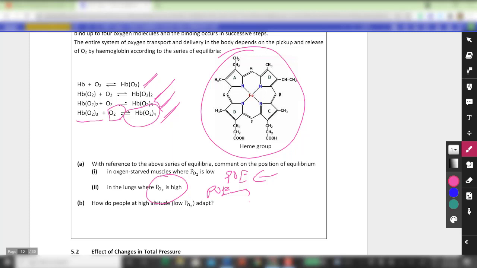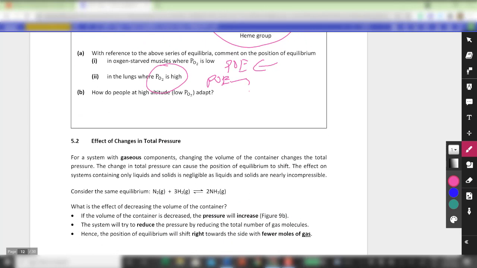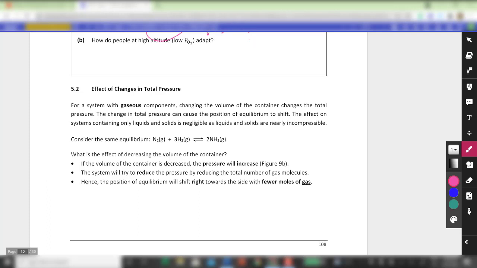Okay, I'm going to move on to the next example, which is on the effect of change in total pressure. For gaseous components, if you have a system at equilibrium, again we're looking at the Haber process. So what is the effect of decreasing the volume?